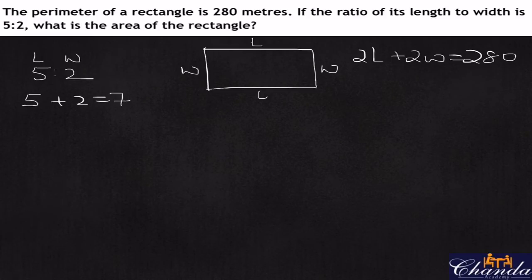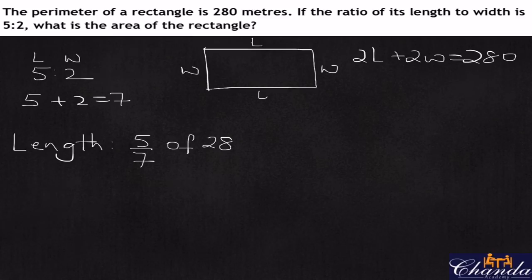So what is this telling me? Out of every 7 meters of the perimeter, 5 of it belongs to the length. So 5 out of 7 of the perimeter of 280 will give me the total length within that rectangle.